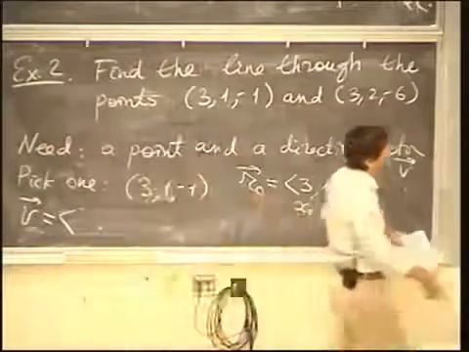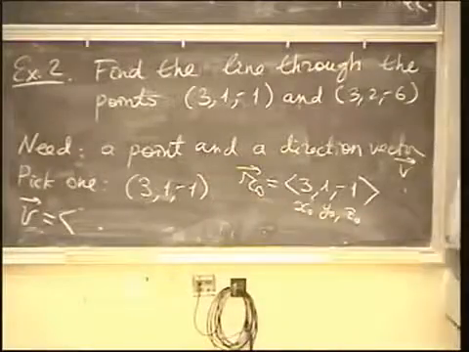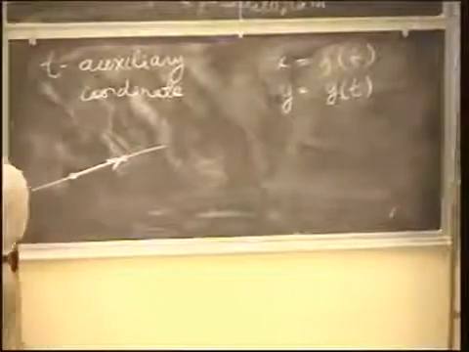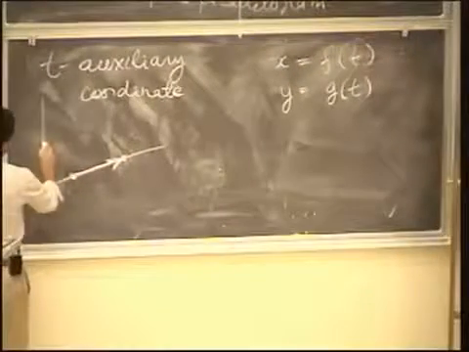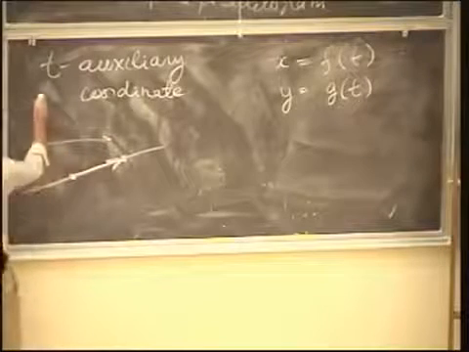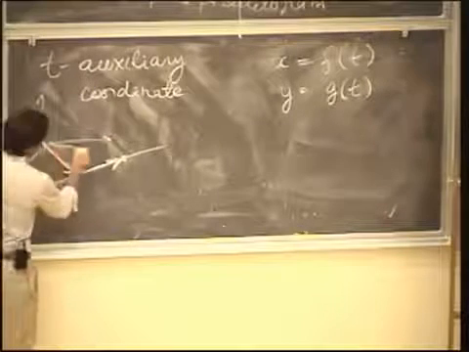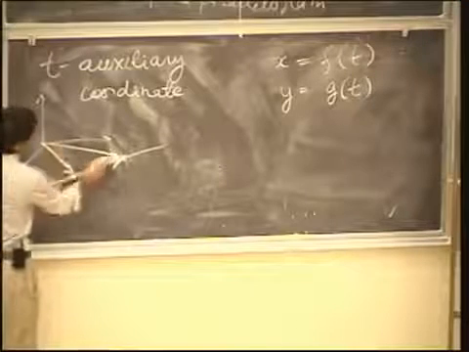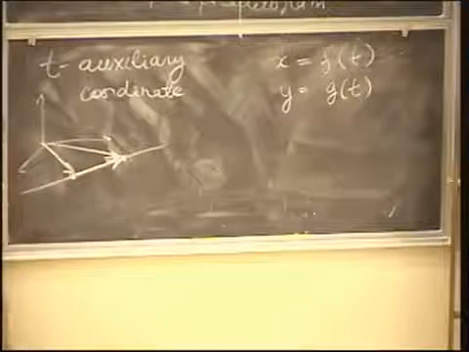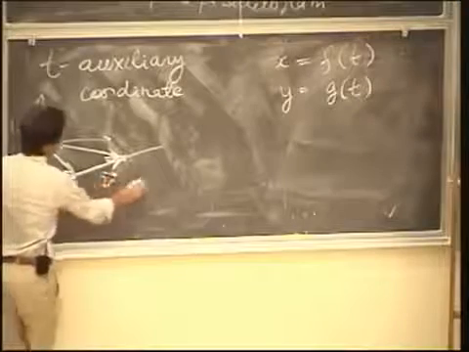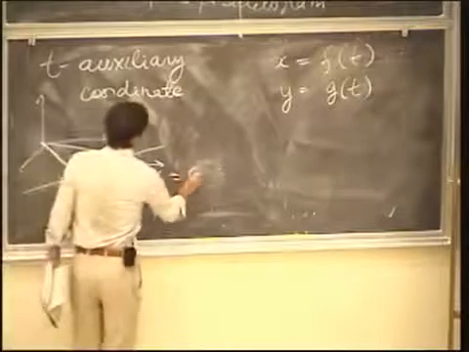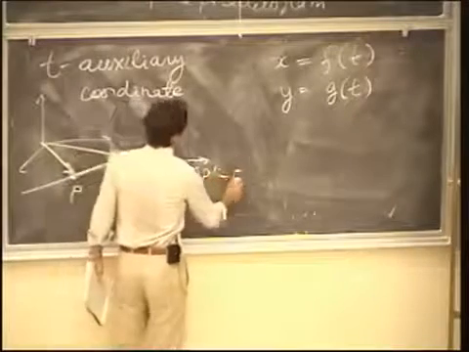Right? If you have 2 points on the line, you can surely find this vector by taking the difference between this vector and this vector. So this is v. You can write v as OP prime minus OP.